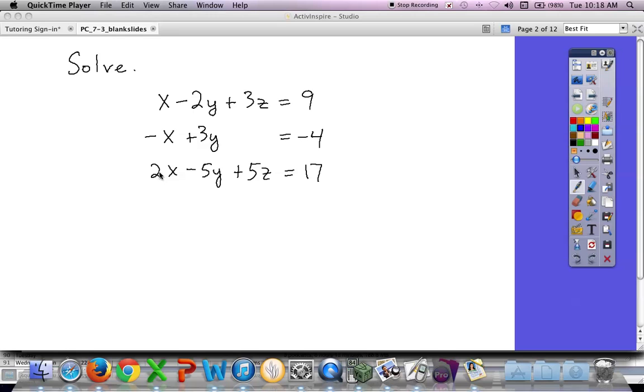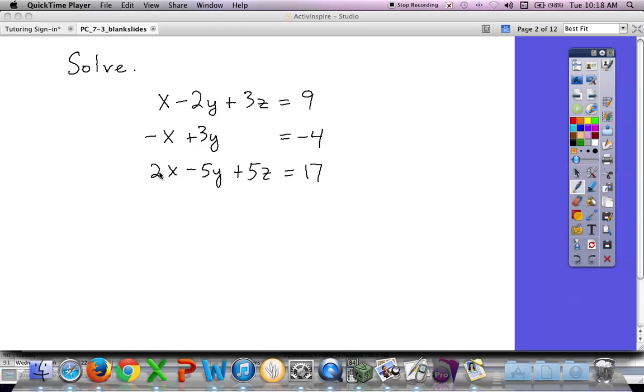So we learned some methods that we could use for bigger systems of equations. I mean, you could always use substitution. You could solve one of these, like I could solve this for x, and that would be 3y plus 4. And then I could plug in for x here and here, and I would have 2 equations with y and z. And then I could use substitution, elimination, whatever, right?